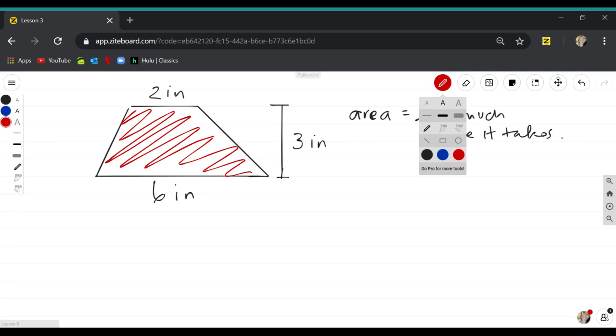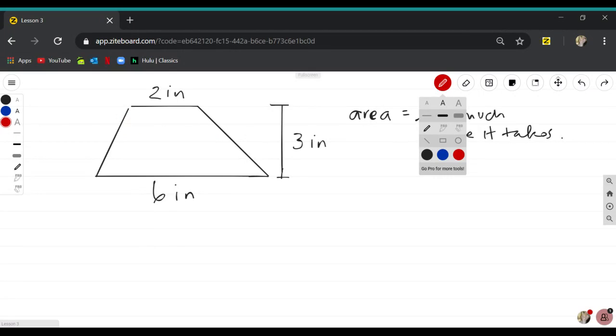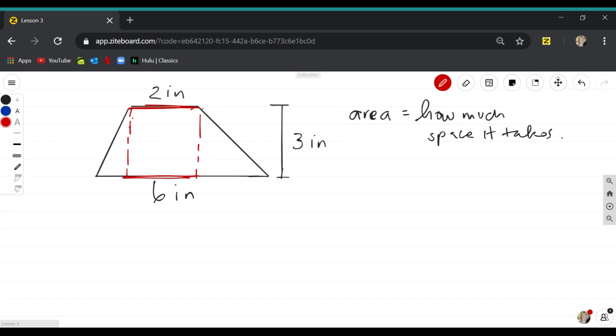If I do the area from here to here, based on this height, which is 2 times 3, that one's too small.